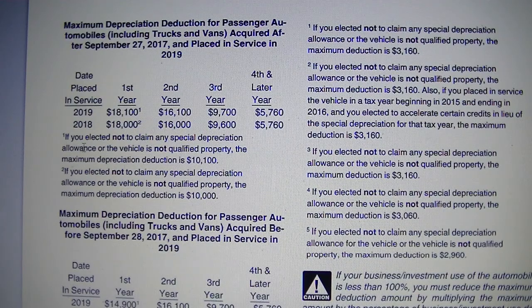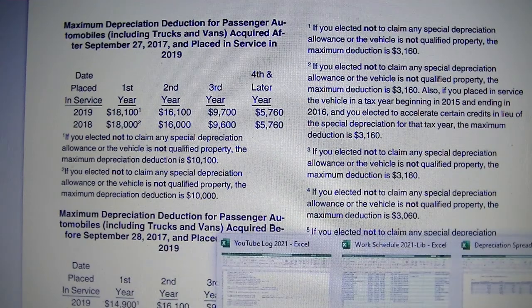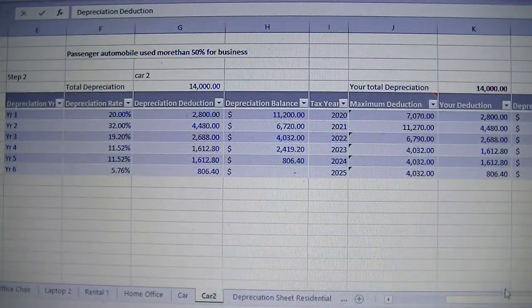So if you elect not to claim special depreciation and section 179, the maximum you can claim is 10,100 for year 1. That 10,100 is if you are using the car 100% for business.